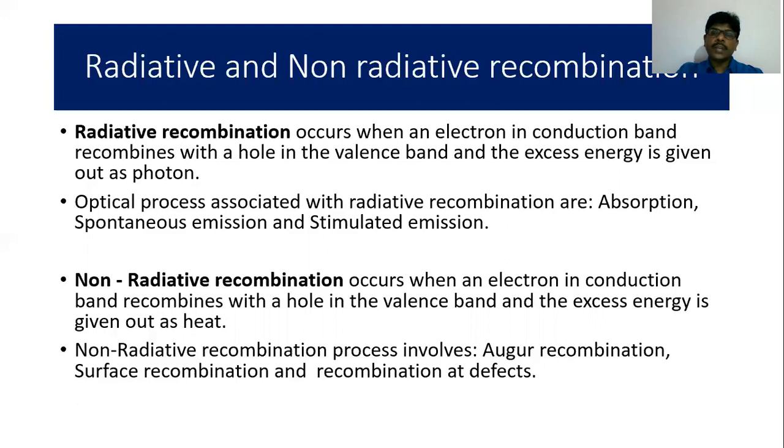Non-radiative recombination occurs when an electron in the conduction band recombines with a hole in the valence band and the excess energy is given out as heat. Non-radiative recombination processes involve Auger recombination, surface recombination and recombination at defects.